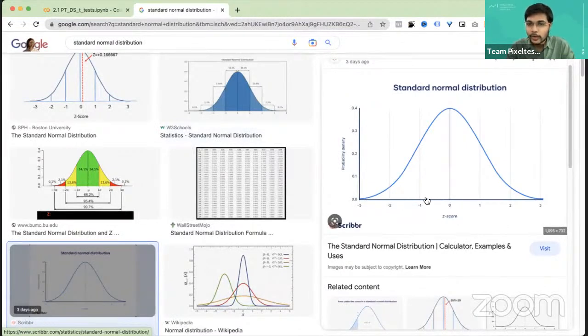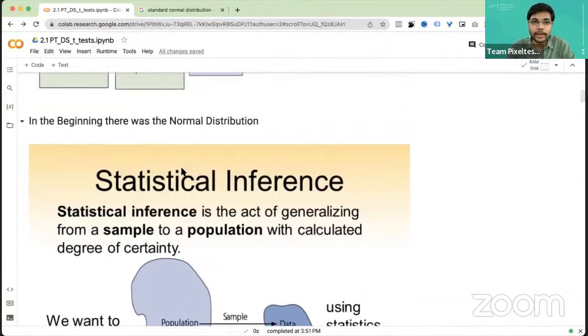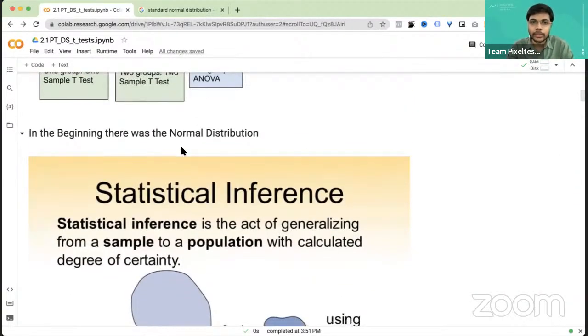Which means that there are a lot of data points, and when you are plotting a graph, the mean of all of the inputs or the observations show up towards the center, right? So that is what a standard normal distribution is, right?